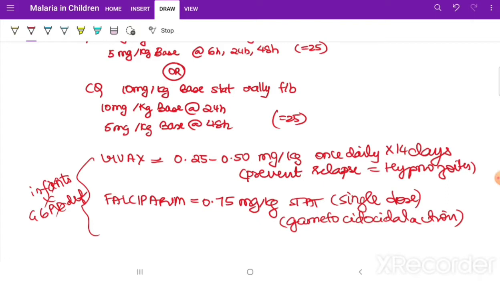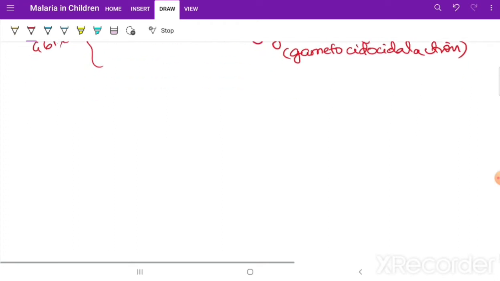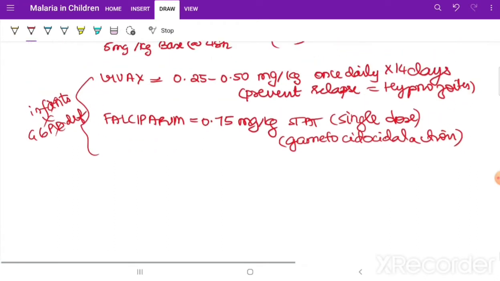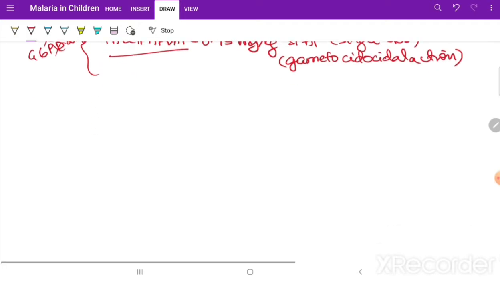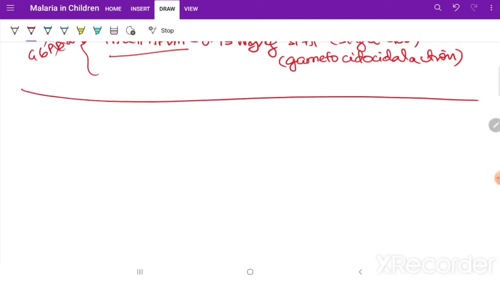Now you need to remember these doses of primaquine for Vivax and falciparum. Primaquine is available as 2.5 mg, 5 mg, 7.5 mg, 15 mg tablets. So you can definitely adjust the dose.